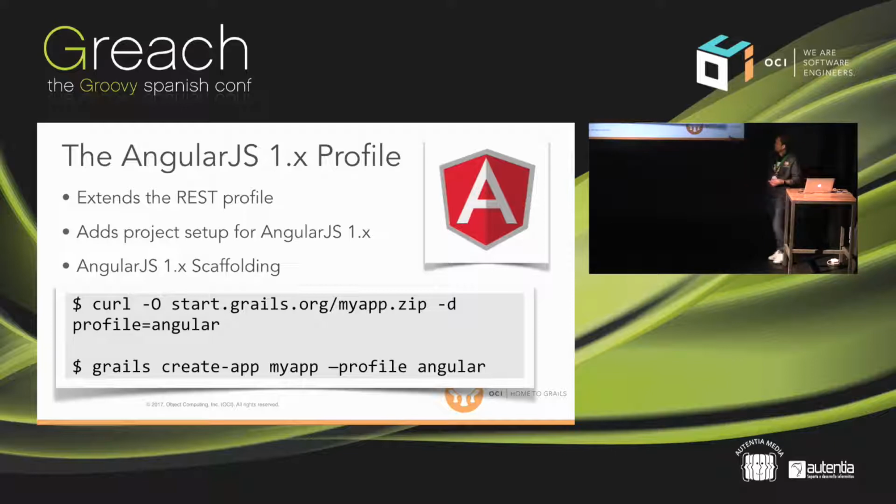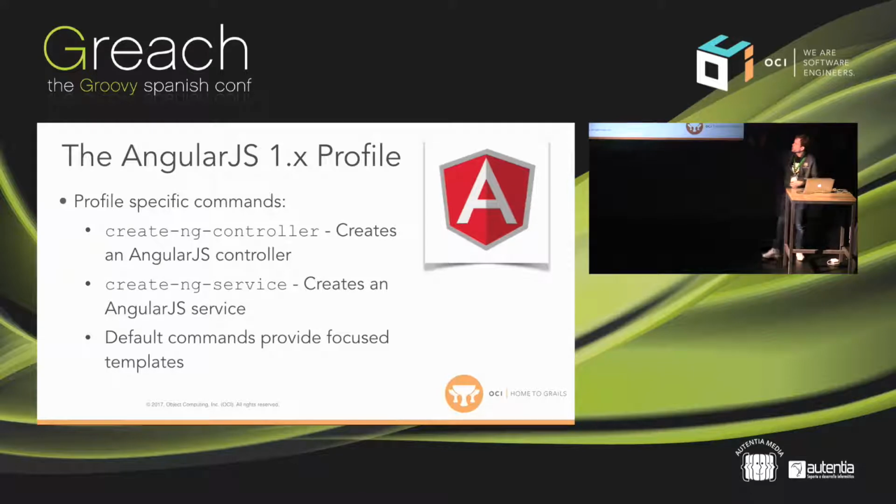The way you get going with that is to type those commands. Now there is some debate about the names of these profiles, which I'm not going to go into, but the important thing is what it adds in terms of profile-specific commands around integrating Angular with a Grails 3 application. So you can say create ng controller and you get command line generation of Angular controllers, services, and so forth, as well as scaffolding to generate a whole application for you.